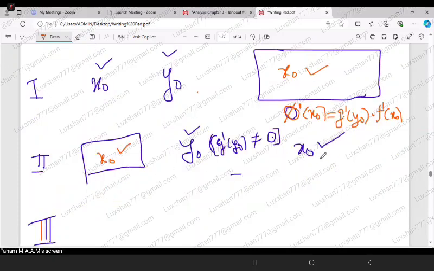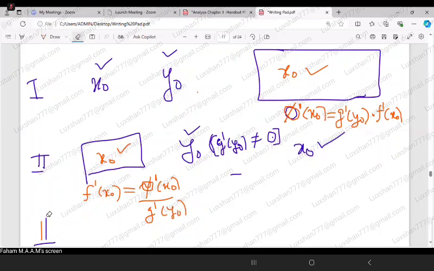Here, these two are differentiable. Therefore, f dash x naught will be equal to phi dash x naught over g dash y naught.